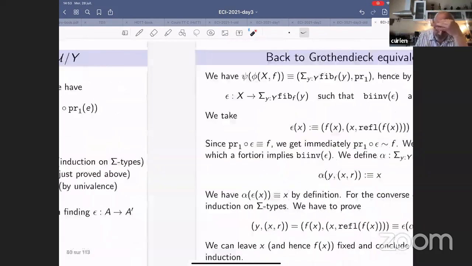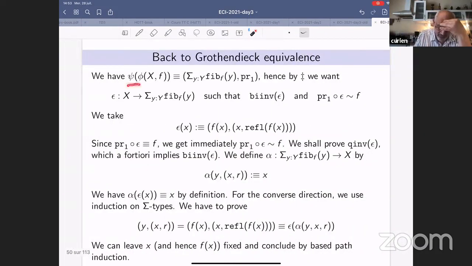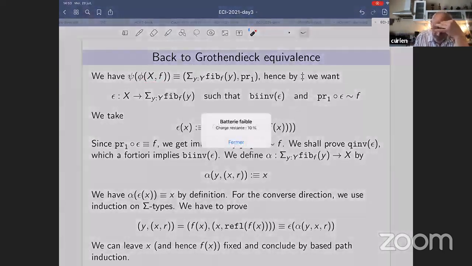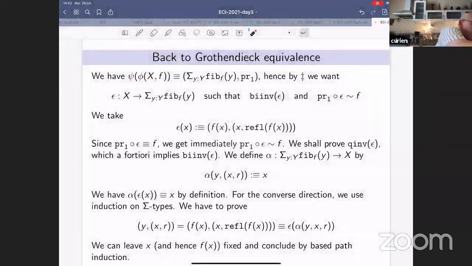So if you put this together, you see that psi of xf is this type here. So what we want to show is that xf is equal to this new type here.